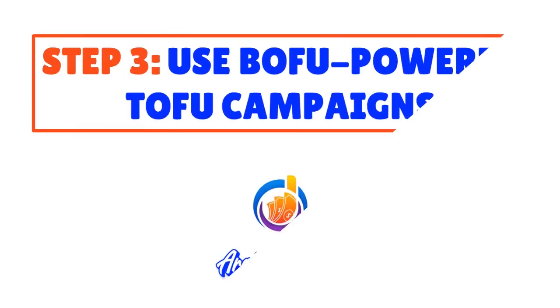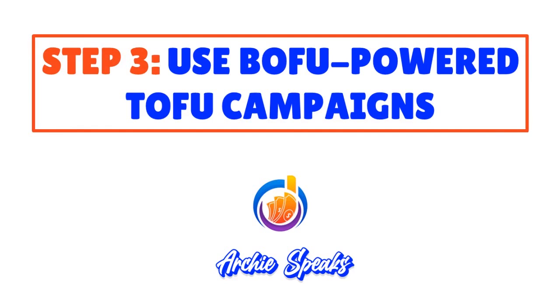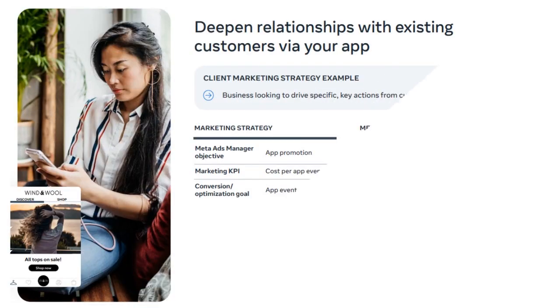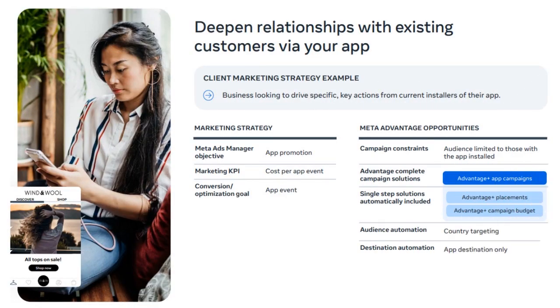Next, if you want to scale Meta ads, you want to use BOFU powered TOFU campaigns. Let me explain. If you think about BOFU, you are speaking about bottom of funnel. TOFU, top of funnel. There are several types of ad objectives you can choose from on Meta, and each comes with its own price tag.